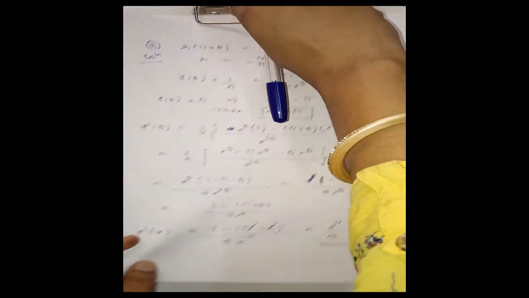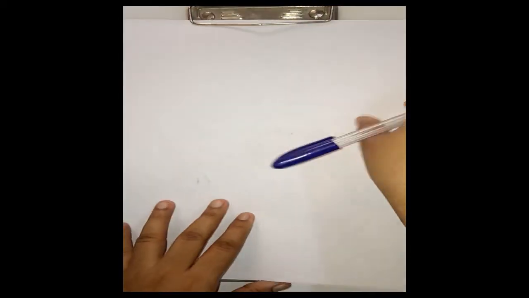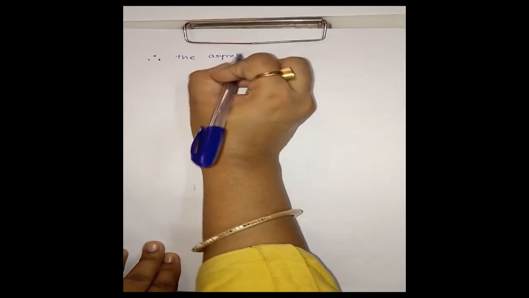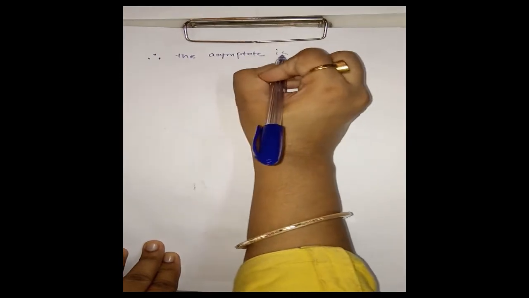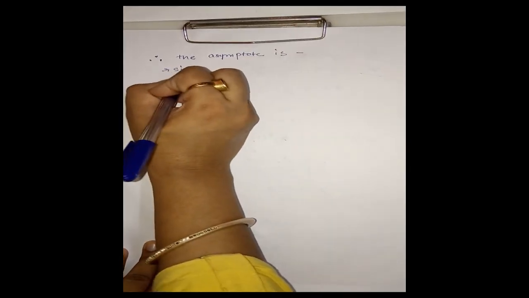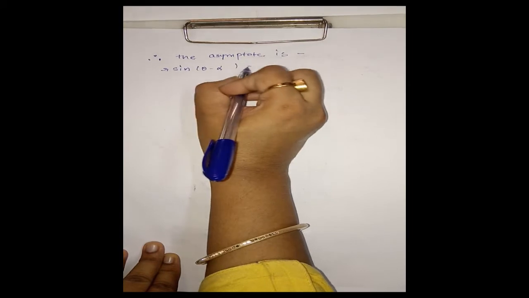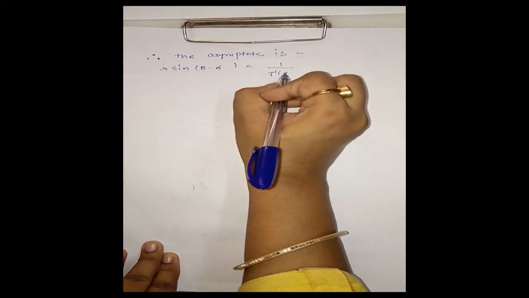Now substituting these values in the asymptote, r sin theta minus alpha is equal to 1 upon f dash alpha.